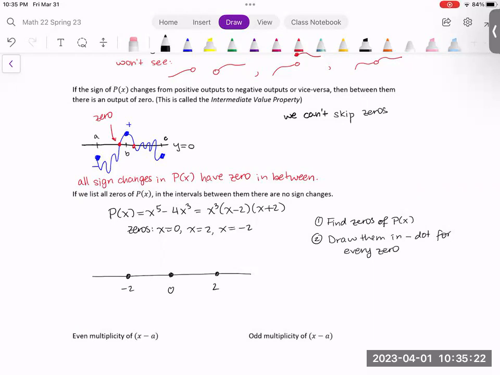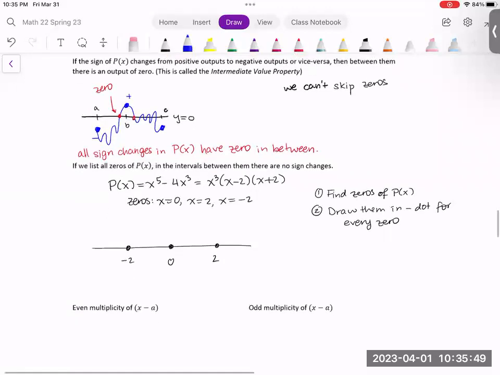And we said anytime there's a sign change, there has to be a 0 in between them. So there cannot be any sign changes from 2 to infinity, because that would give us another 0. There can't be any sign changes from 0 to 2, from negative 2 to 0, or from negative infinity to negative 2. So just one sign in each of these 4 intervals.